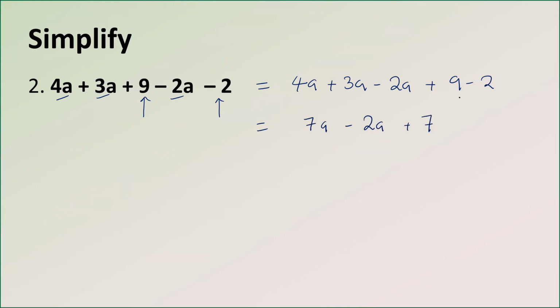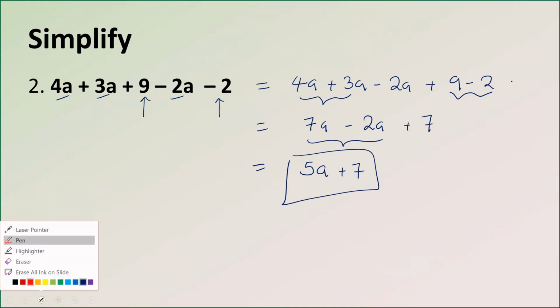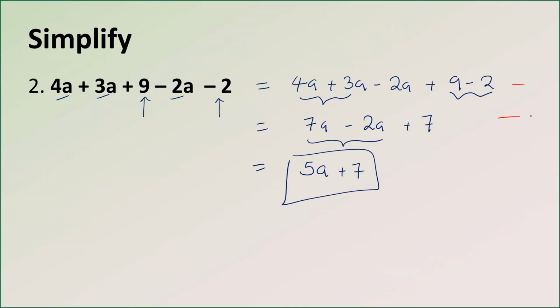Now we can again perform the operation. Actually, there's a subtraction. 7 minus 2 is 5. 5a plus 7. One can do the same thing without going through these two intermediate steps.